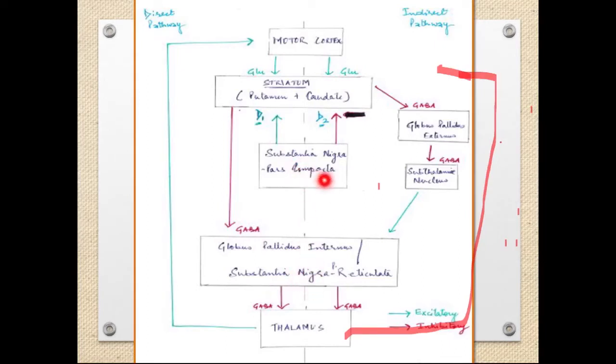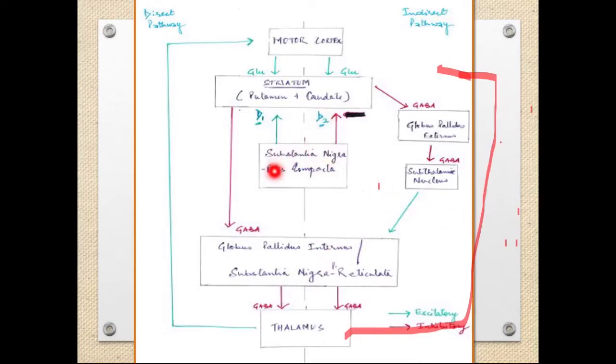Substantia nigra pars reticulata always gives inhibitory output to the thalamus, as well as a few connections that go to certain nuclei within the brain stem, right? That is called the pedunculopontine pathway. Okay, pedunculopontine, that we will cover in coming slides.